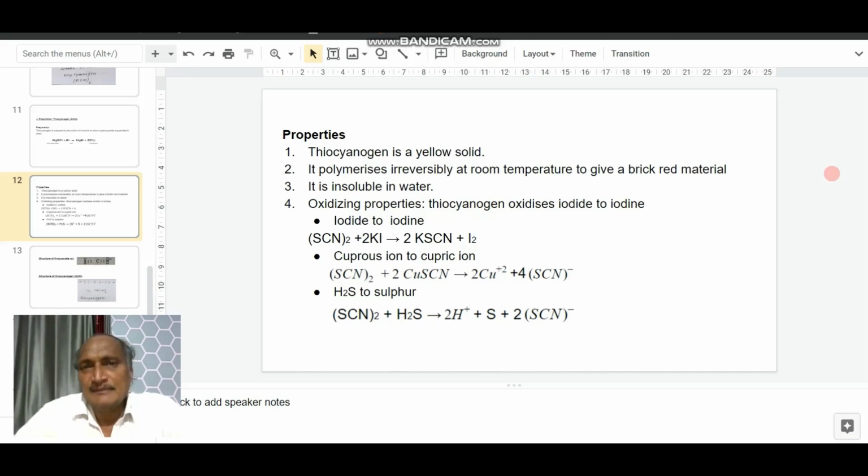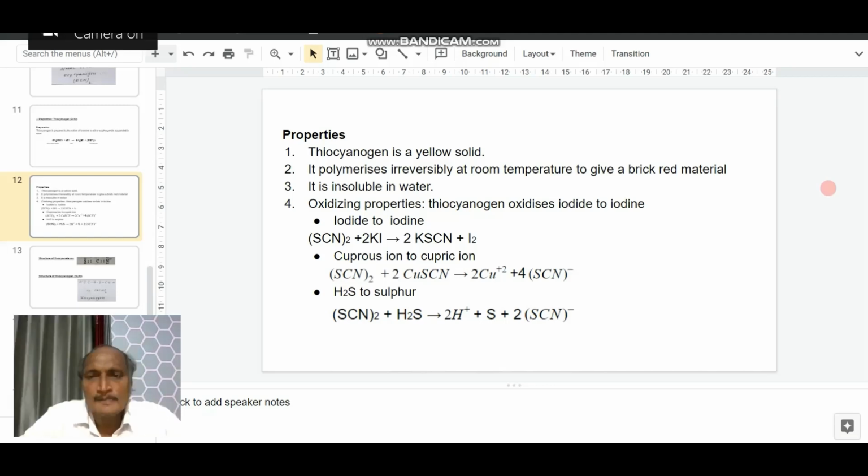Coming to the chemical properties of thiocyanogen, particularly the oxidizing property. Thiocyanogen oxidizes iodide to iodine.